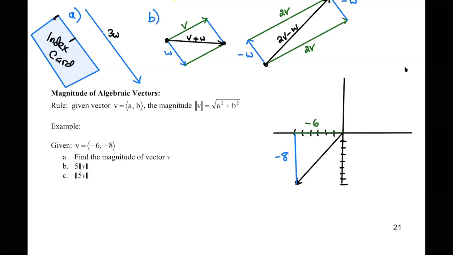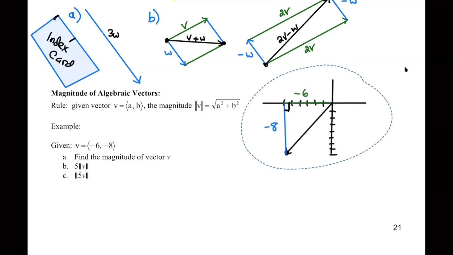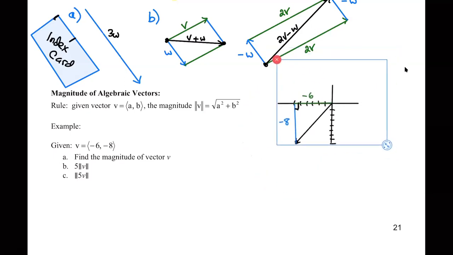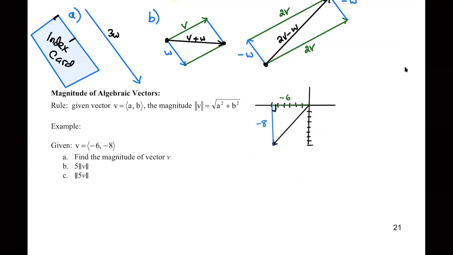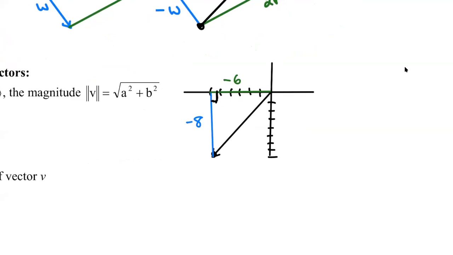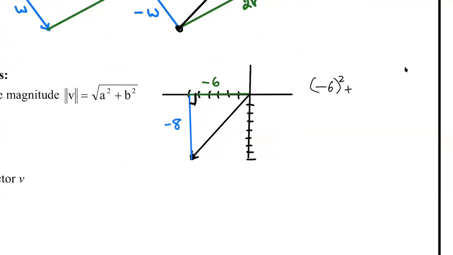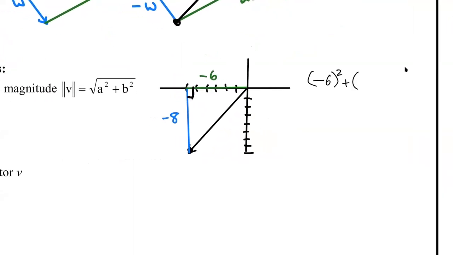We have a right angle, so I use a little Pythagorean theorem, a little Pythagoras action going on over here. Nothing too crazy, nothing too fancy. I would just very simply and quickly and easily do -6 squared plus, and I always say simply and easily, and then I screw it up. So we just got to be careful.